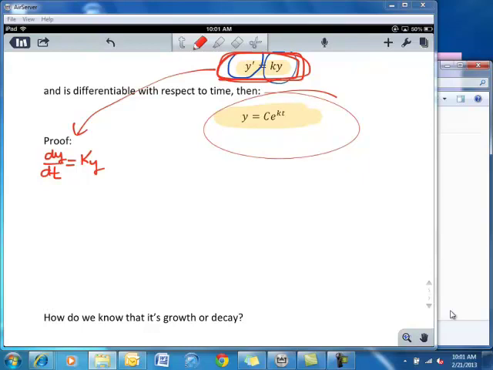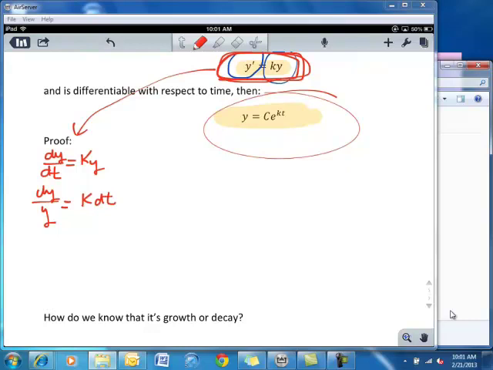Okay. So we're going to take this differential equation and solve it for the solution. Your first step is to separate the variables. Here's what that looks like. You separate the variables, you're going to get dy over y is equal to k dt.